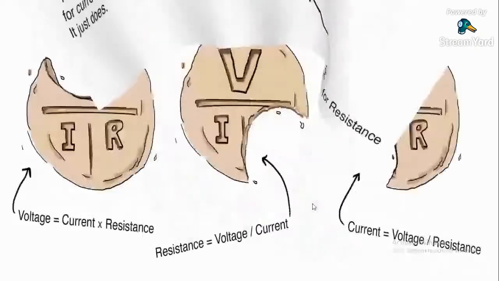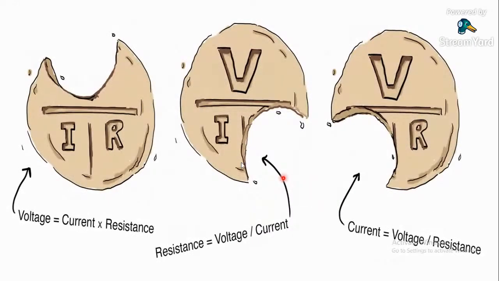Now, pag magko-compute na tayo, let's say wala si voltage. Ang hinahanap natin is si voltage. Ang formula natin dyan is voltage equals current times resistance. Ibig sabihin, that is V equals I times R.